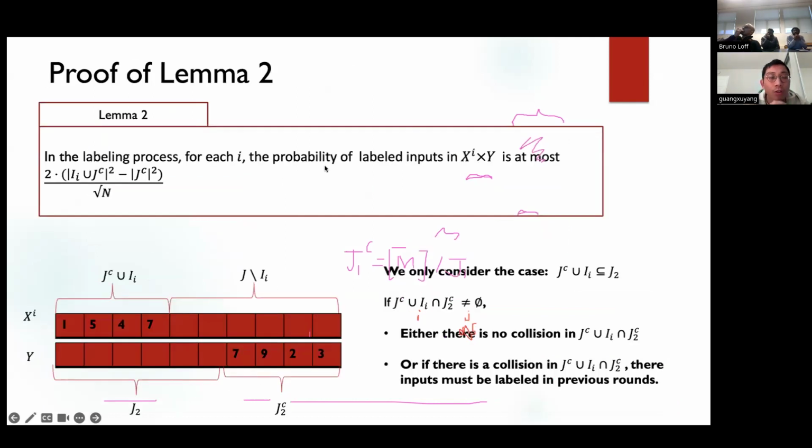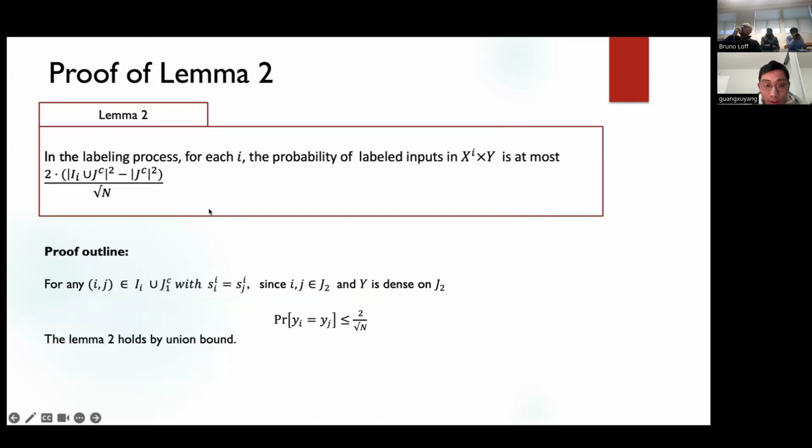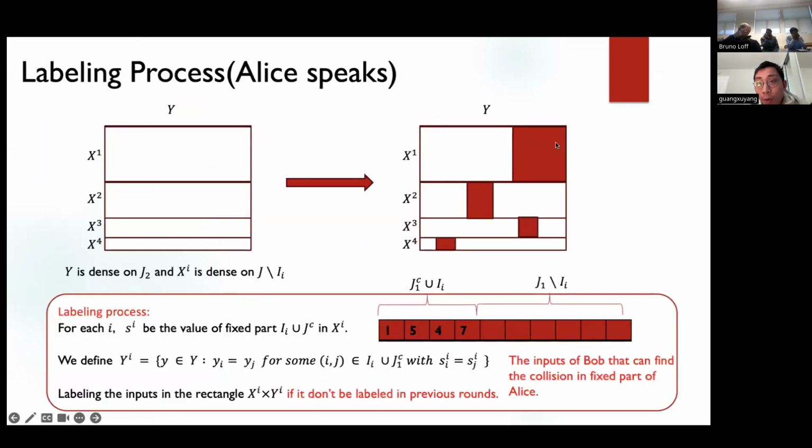So we can continue. We want to prove that in the level process, for each i, the probability of leveling input in x equal to times y is at most some upper bound. This is the one we want to prove. The probability of this red part in this rectangle is small.